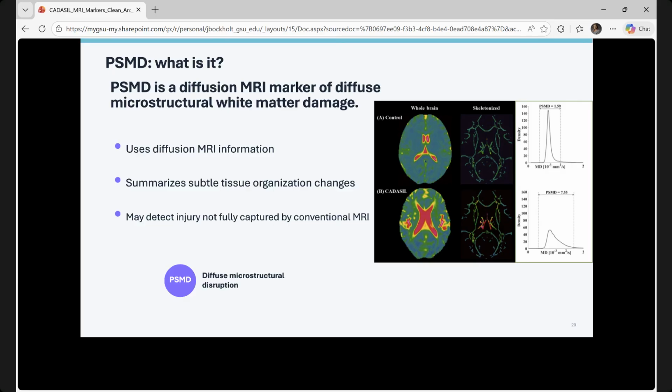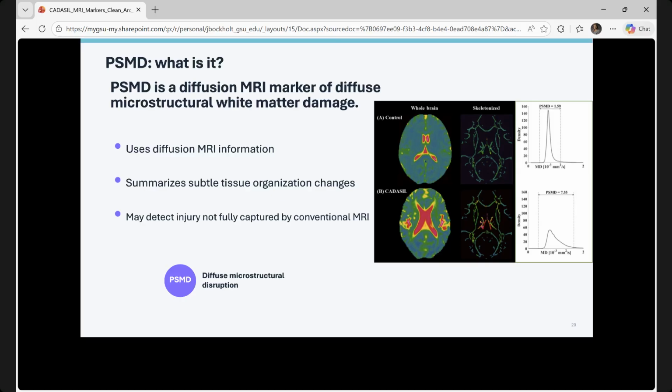And in this method that we're using, we actually map the diffusion itself onto the main sort of tractography. And on those tracks, we are able to calculate the diffusion on the track itself. And that is what this marker shows.